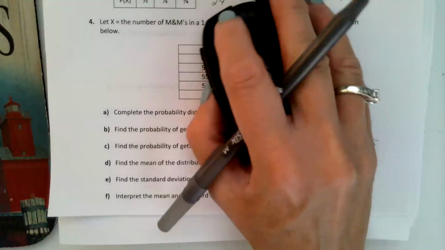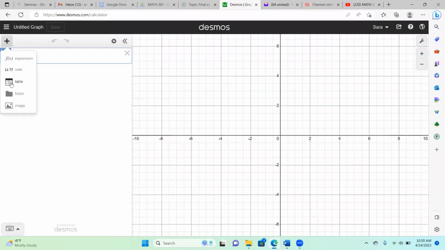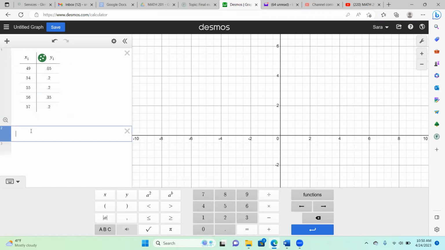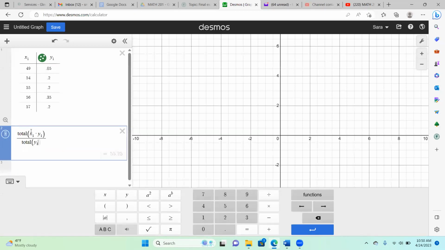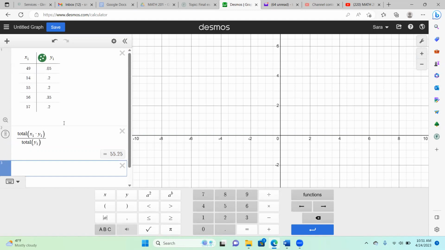Okay, so to do that, we're going to go to Desmos, and we're going to create a table, because our outcomes go in the X, and our probabilities go in the Y. To find the mean, we're going to take the total of X times Y and divide by the total of Y. So it's essentially a weighted mean. So the average is 55.25.